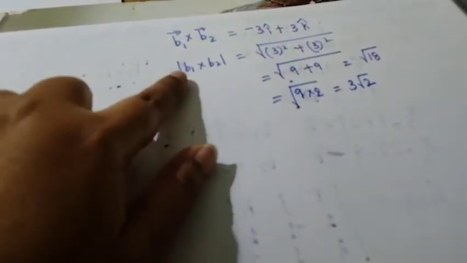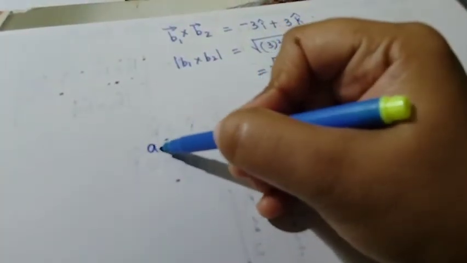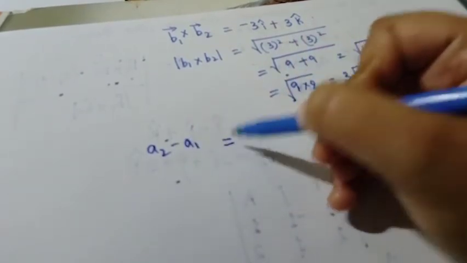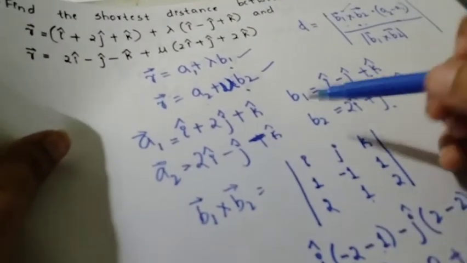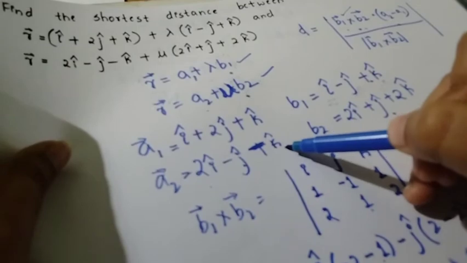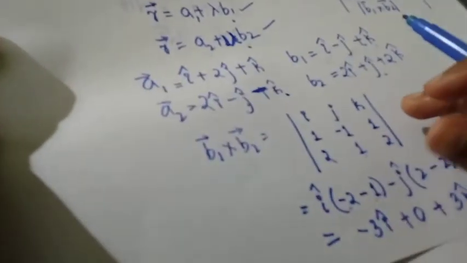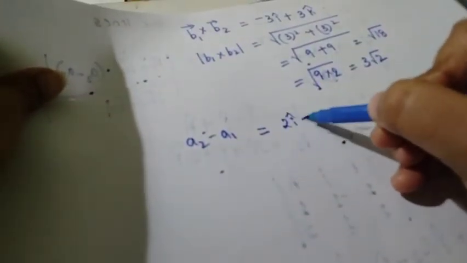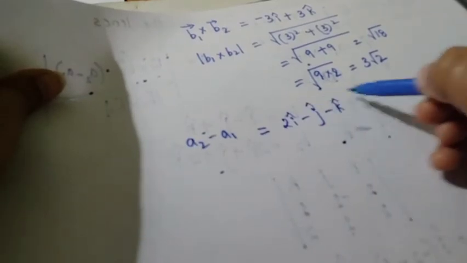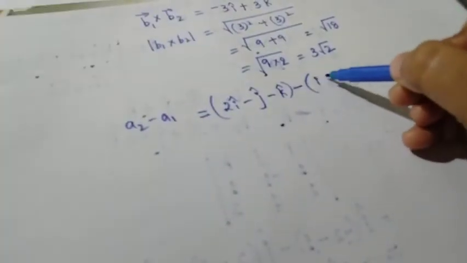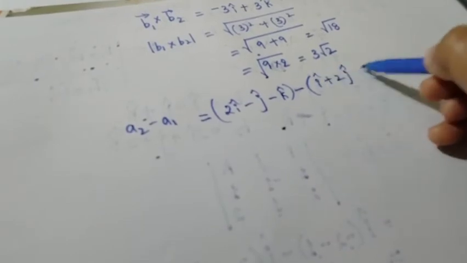So B1 cross B2 you get the value as 3 root 2. Next I want A2 minus A1. From the equation, what is the A2 value? A2 is 2i minus j minus k, minus the A1 value, which is i plus 2j plus k.